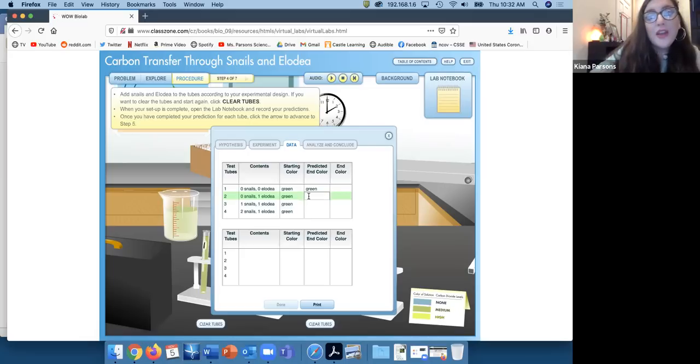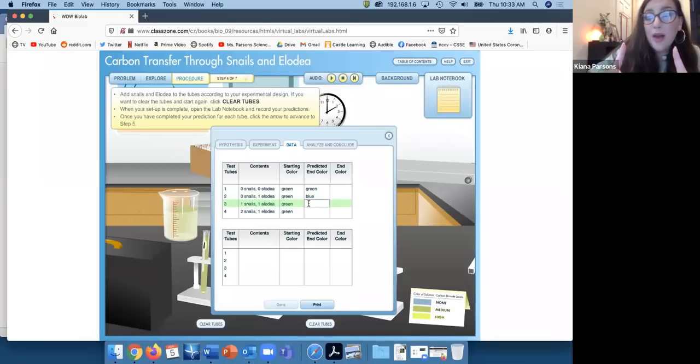So there's nothing in there that's producing excess carbon dioxide, and instead there's the elodea in there that's producing oxygen and is going to be using carbon dioxide as fuel for photosynthesis. So I'm going to predict that this test tube is going to wind up blue because it's going to have less carbon dioxide.